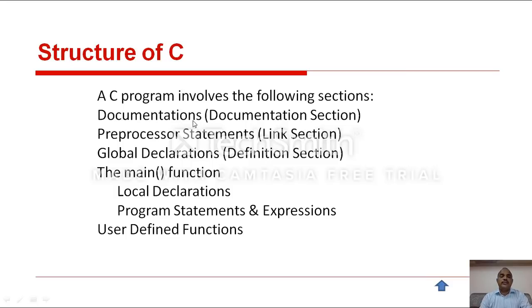Documentation section. This is an explanatory part of the program. It is not an executable part. Simply, that is called comment lines. These lines show the name of the program, the name of the author, where and when it was developed, the aim of the program, and what properties are used in the program.